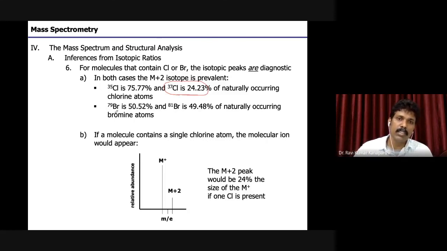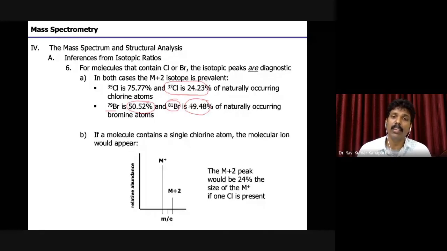Similarly, in the case of bromine, bromine-79 has this much relative abundance, whereas bromine can also be present with an atomic weight of 81, and its abundance is this much. That means almost half of the bromine atoms exist as 79, and the other half exist as 81.